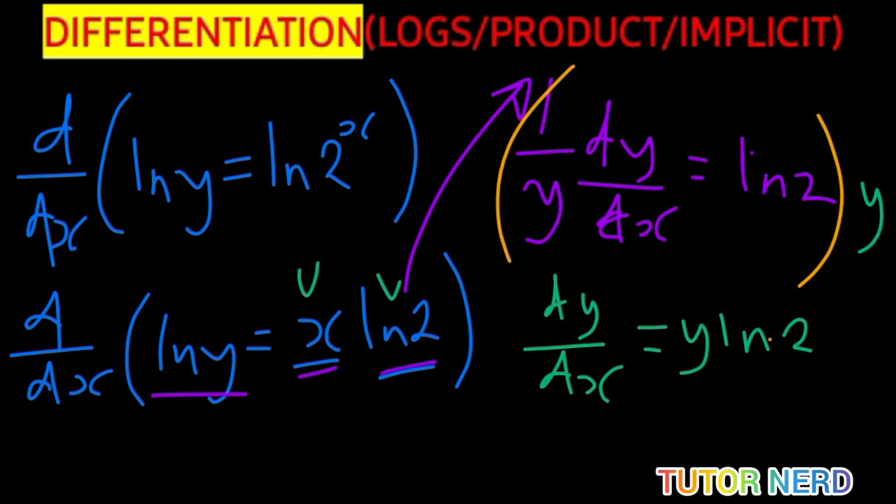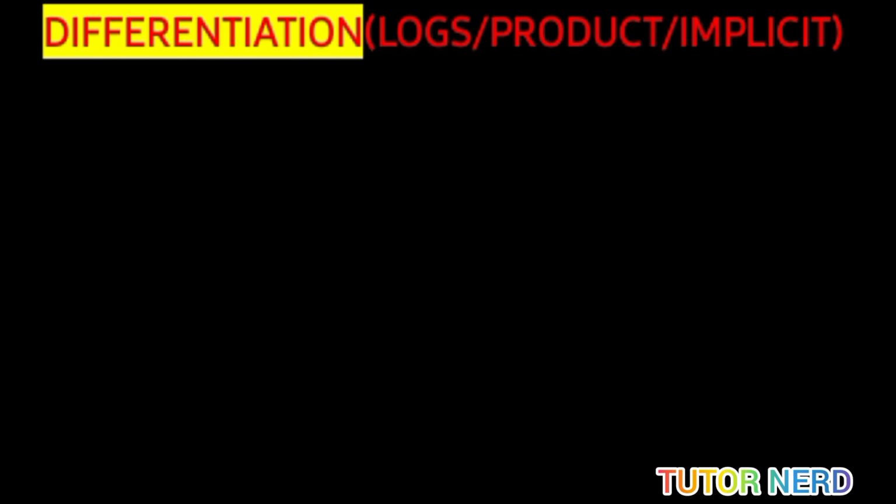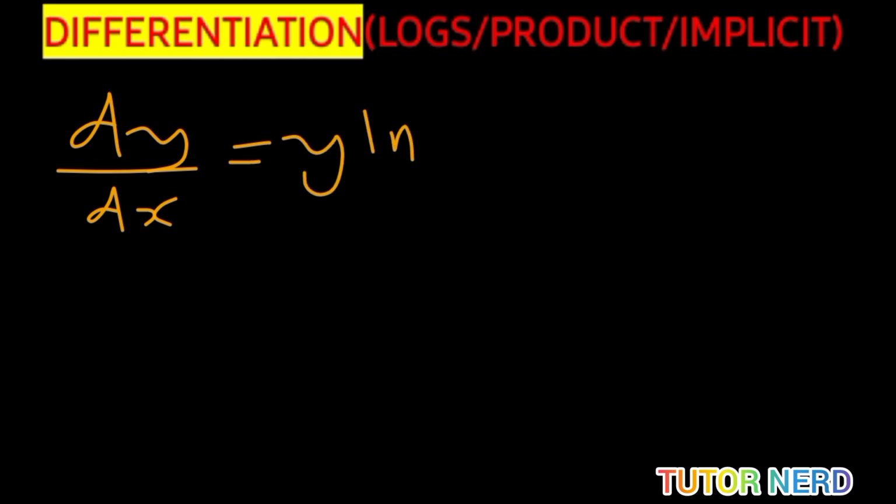So that is the expression we're going to have for dy over dx. Dy over dx is equal to y ln 2.